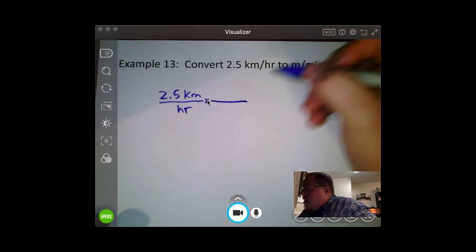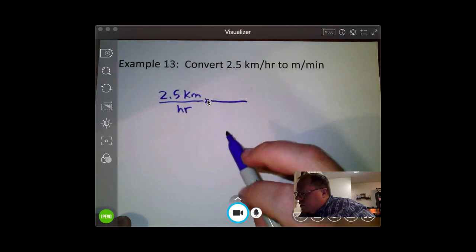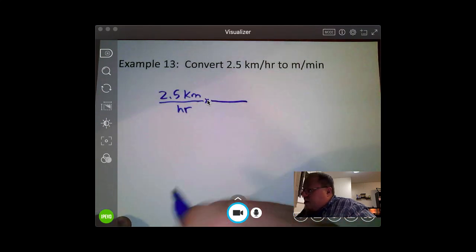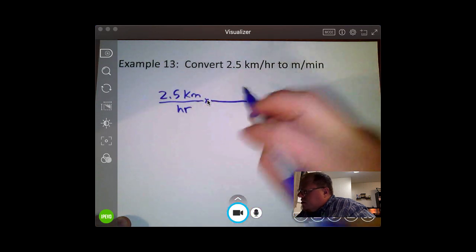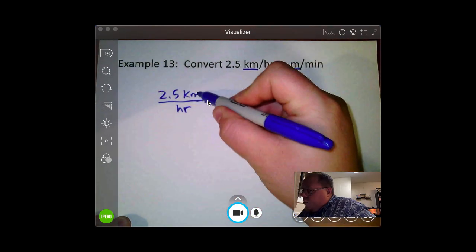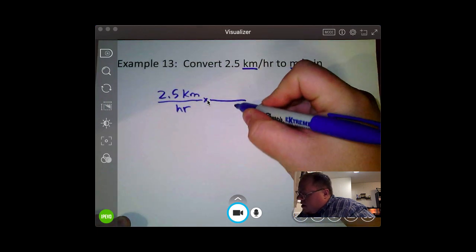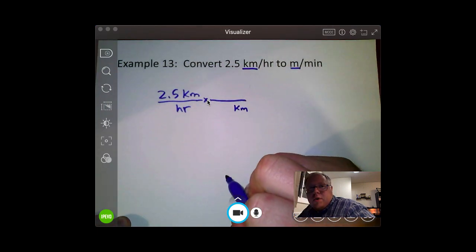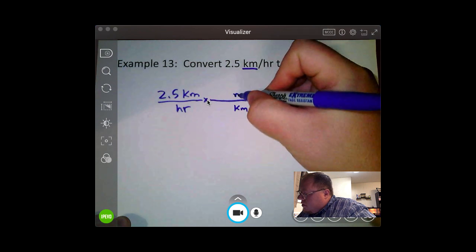All right, so first thing I'm going to attempt to do is turn the kilometers into meters. Okay, so I'm going to try to get rid of this kilometer by putting kilometer on bottom. And I'm going to look for meters.